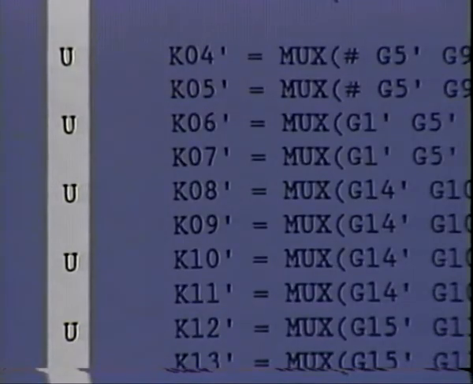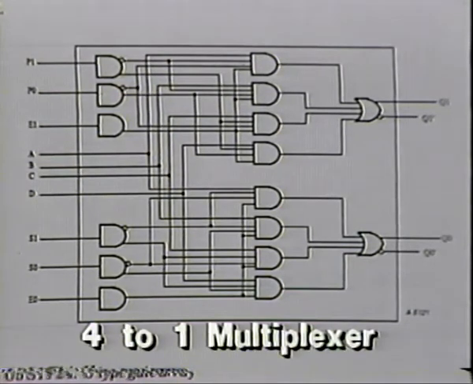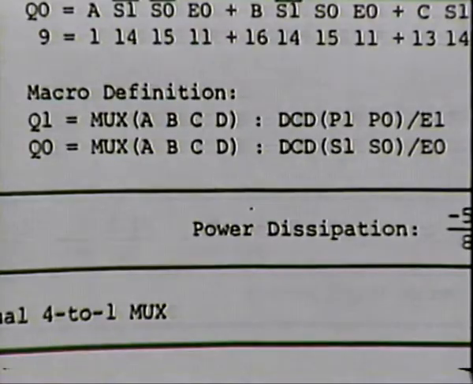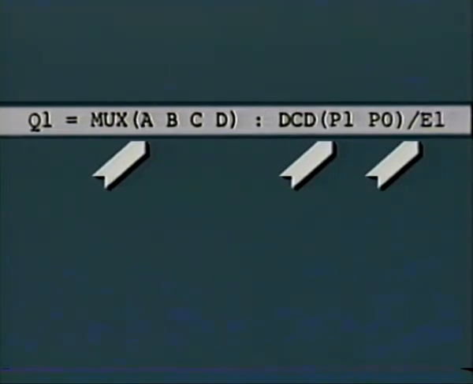Now let's go back and determine which K terms are made from our known H and G terms. As we can see, the K terms are generated by U chips. Looking at a U chip schematic, we find the U chip is a dual 4-to-1 mux or multiplexer. If we look at one of the macro definitions, we see that the output term will be A, B, C, or D, depending upon the decode of P1 and P0, and only if the enable term E1 is set.